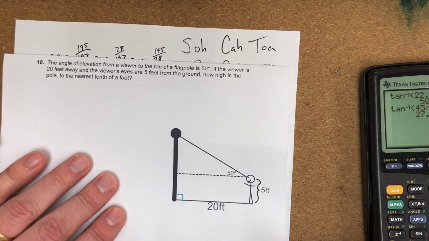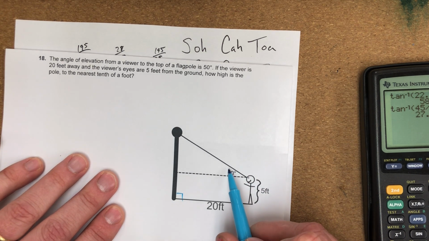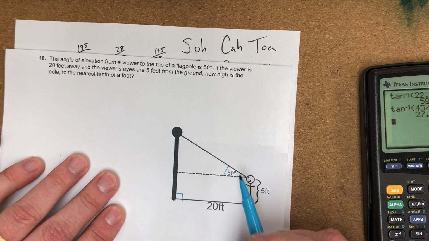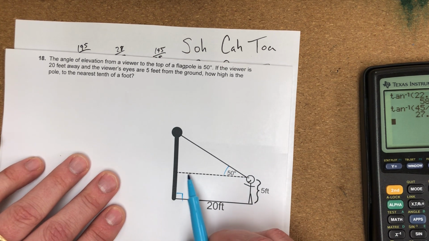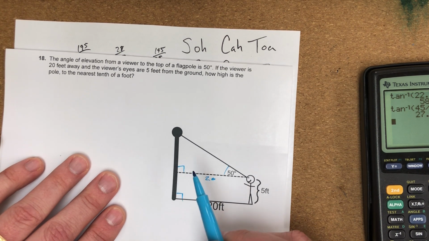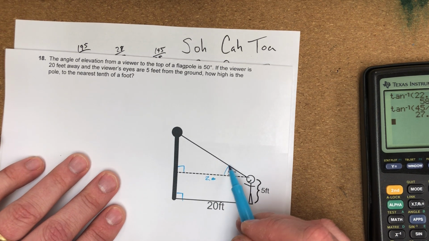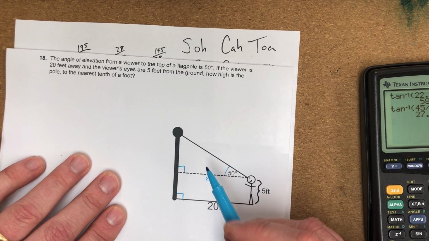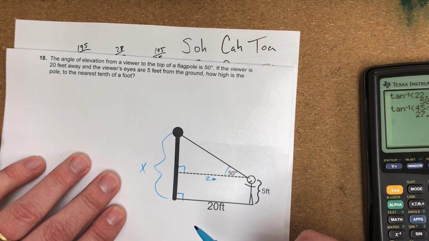So I drew this up for you, and we've got a 50-degree angle here, and then we know that this vision line right here, this is 20 feet. It's a right angle because it's straight up and down, and that's parallel to the ground. This is called the angle of elevation from the ground up to wherever you're looking. And then we want to know the height of the whole telephone pole, or flagpole.